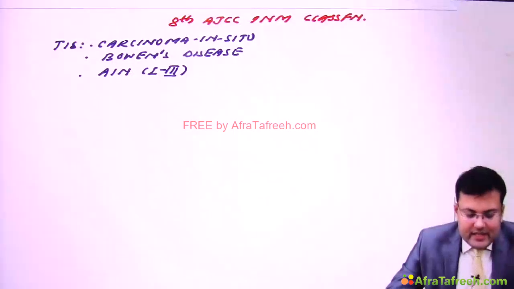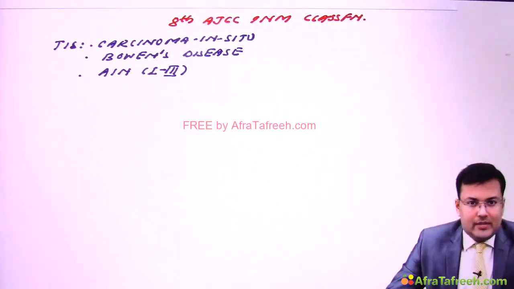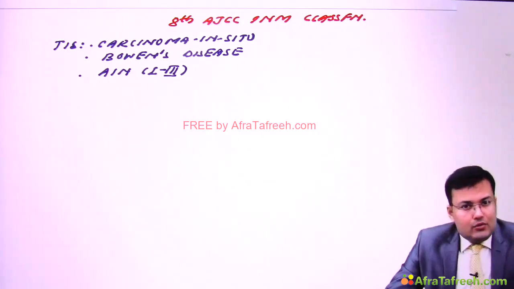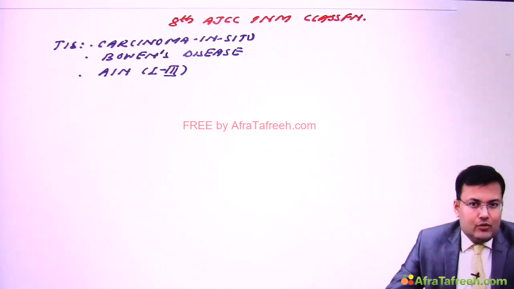If you see the T staging, it is very similar to CA breast. In CA breast, T1 was the size of tumor up to 2 centimeter, so here also up to 2.